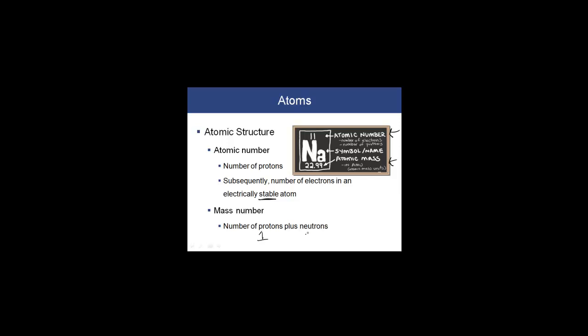And the weight of a neutron is also 1 atomic mass unit. So the atomic mass is going to represent the number of protons plus the number of neutrons. And if you look at sodium, you'll get a number like 22.99. I know this doesn't make complete sense, but when we discuss isotopes shortly, hopefully we'll shed some light on that.